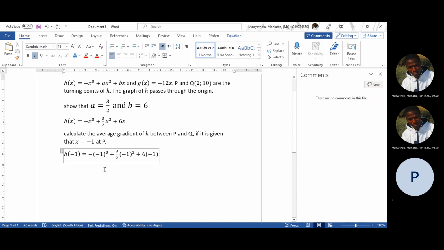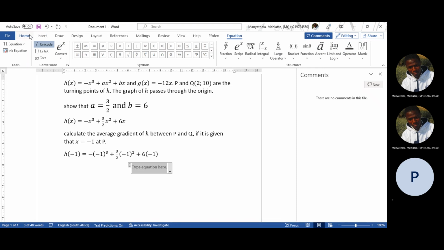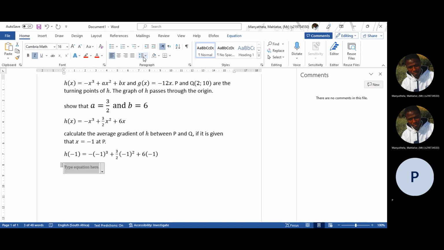corresponding y value. So it's negative into negative 1 cube, negative into negative 1 cube will give me positive 1, and then in negative 1 squared it's 1 times 3 over 2, which will have plus 3 over 2.